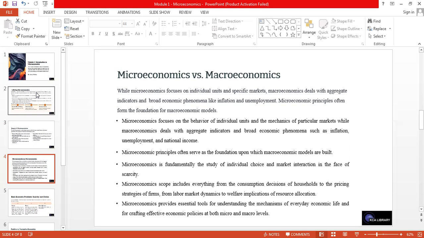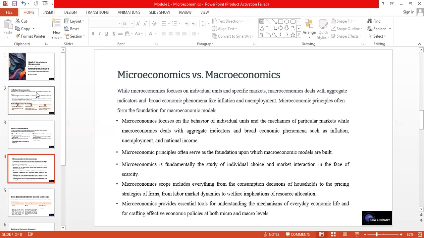If you have the opportunity, you can also look at our course that deals with macroeconomics. Microeconomic principles often form the foundation for macroeconomic models. Microeconomics focuses on the behavior of individual units and the mechanics of particular markets, while macroeconomics deals with aggregate indicators and broad economic phenomena.